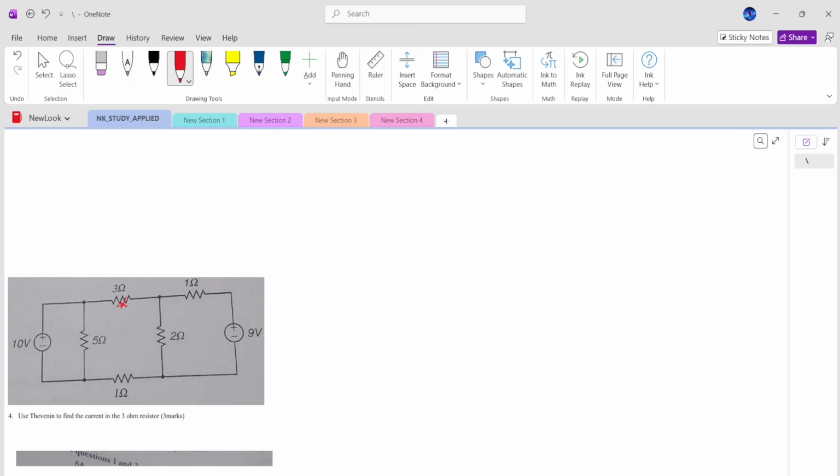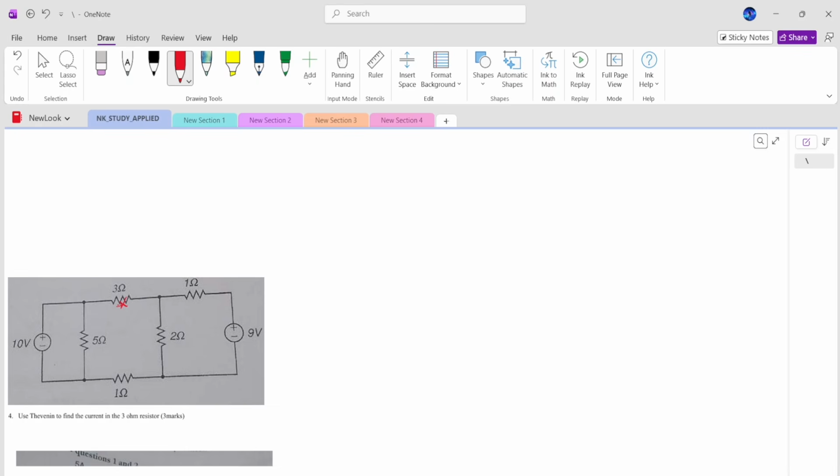The voltage source is called the Thevenin voltage VTH, and is the open circuit voltage seen when we take out a resistor or look through a certain two terminals, right? And RTH, the Thevenin resistance, is the resistance seen when we look into those two terminals with all sources deactivated, right? So let's go and try this question.